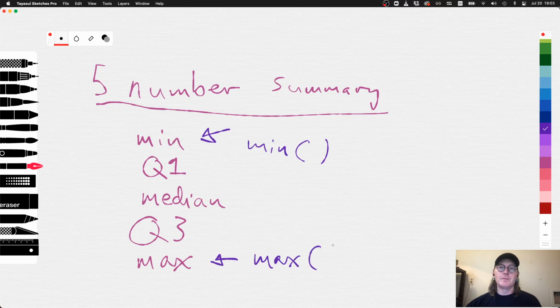That's easy enough. We have the median function from last time.